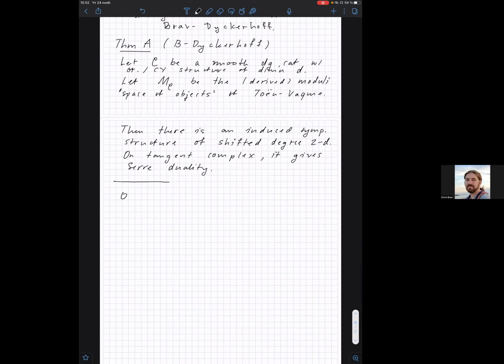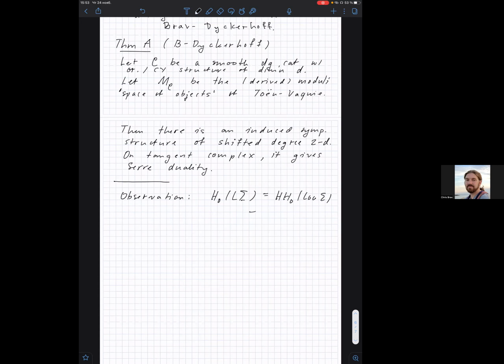So the observation is that in the surface case, the Goldman Lie bracket lived on H0 of the free loop space. And the correct interpretation of this categorically, like I said, can be given as Hochschild homology of local systems.